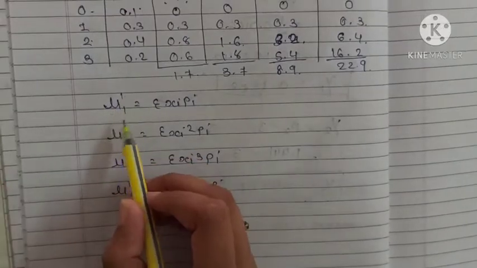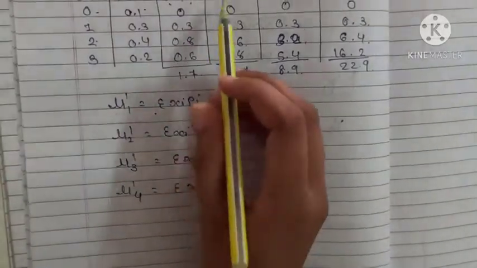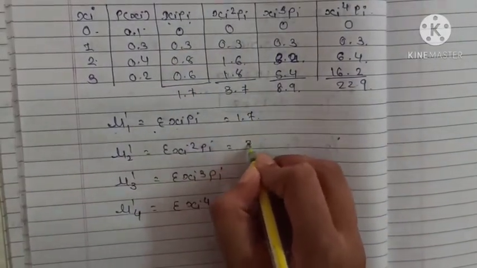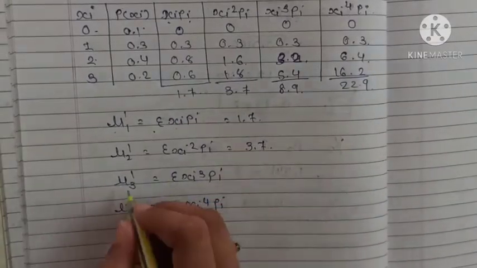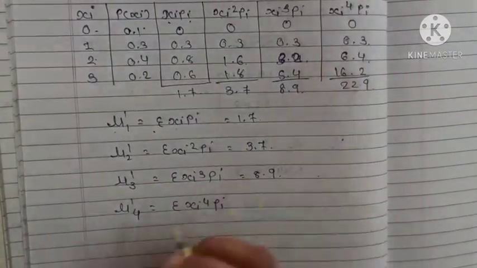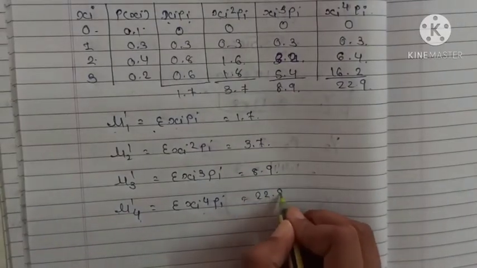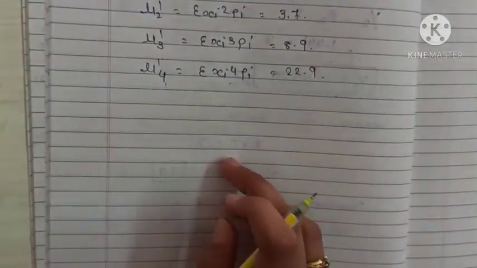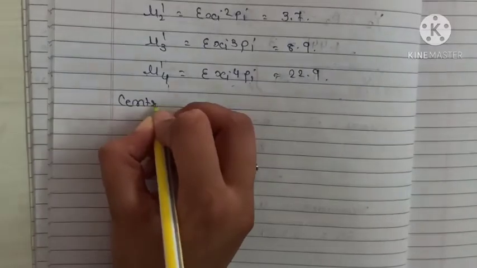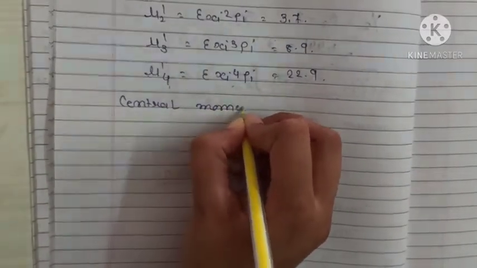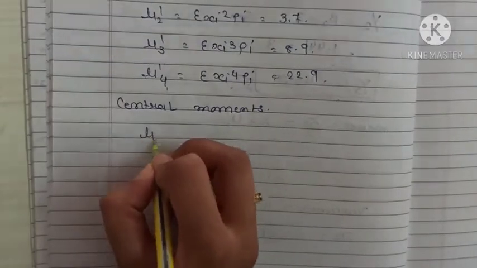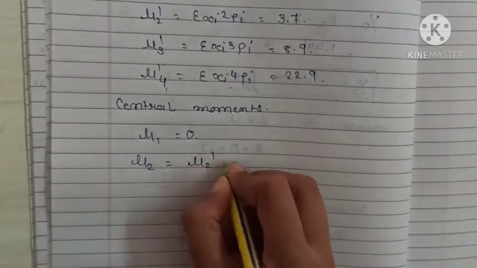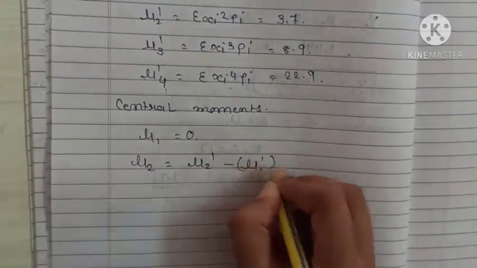So mu 1 dash is equal to sigma xi into pi, that is 1.7. Mu 2 dash is 3.7. Mu 3 dash is equal to 8.9, and mu 4 dash is equal to 22.9. So these are the raw moments. Out of the raw moments we can find the central moments. Mu 1 is equal to 0, then mu 2 is equal to mu 2 dash minus mu 1 dash square.